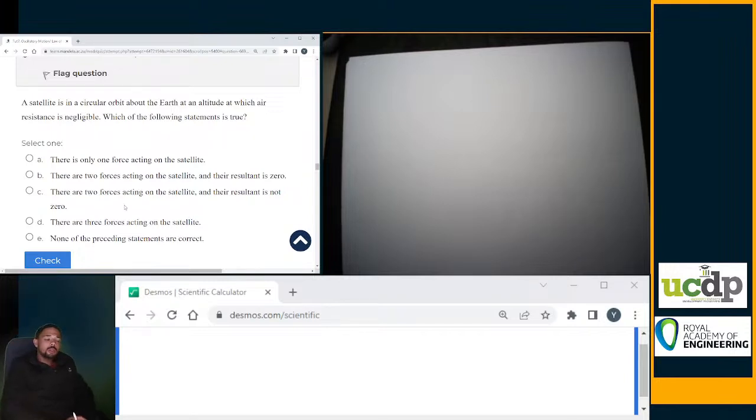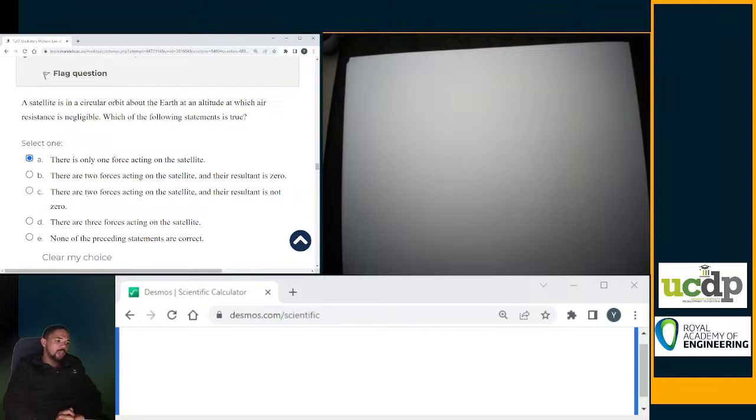Which of the following statements is true? There is only one force acting on the satellite. There is no air resistance. The satellite is not touching anything, so there is only one force acting on the satellite, and that force should be gravity.